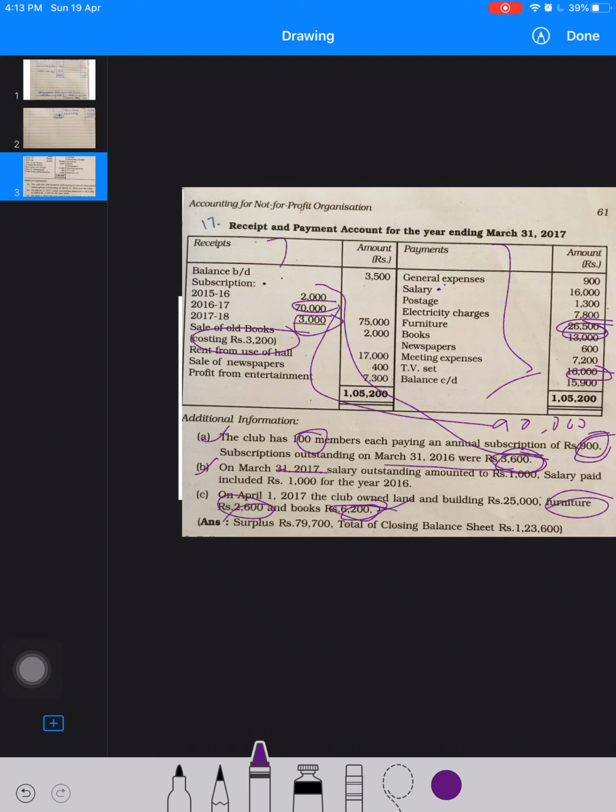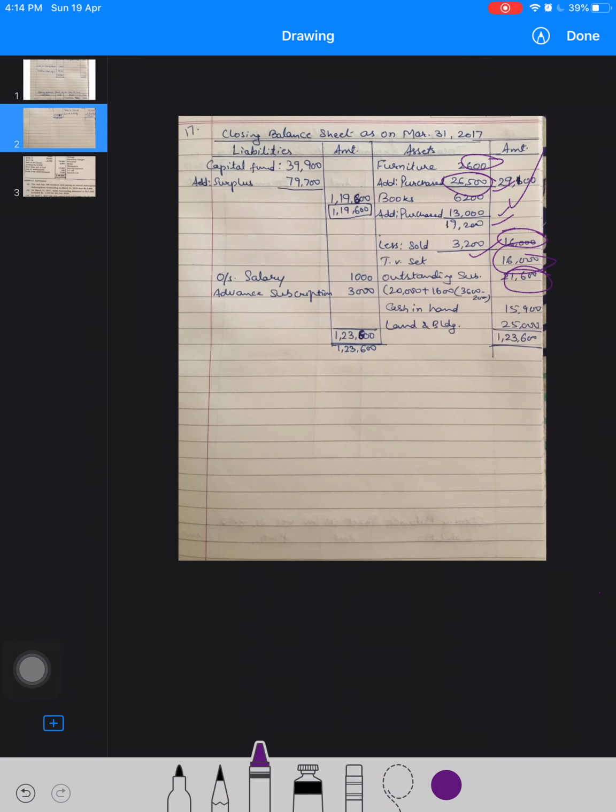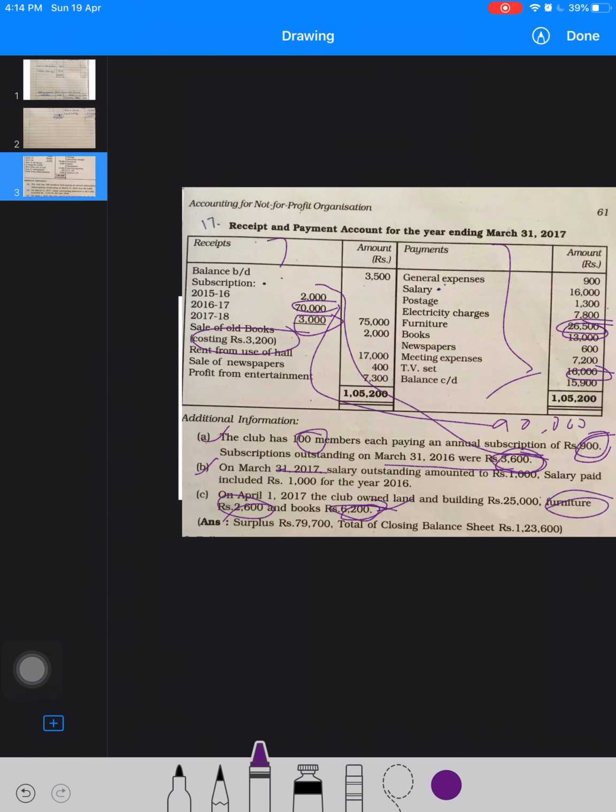So advance income, whatever you are receiving, always becomes your liability. So this is your liability for this year. This 3000 you are receiving in this year will come in your closing balance sheet. Advance subscription 3000. Okay, so our subscription entries are all over.